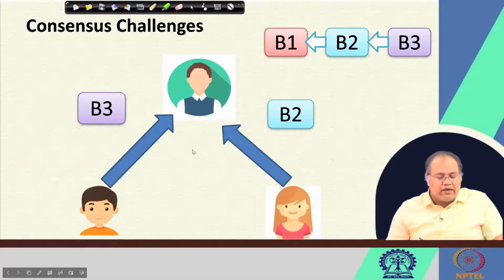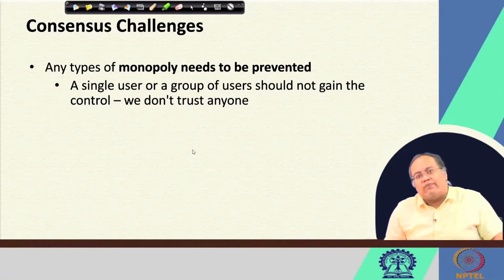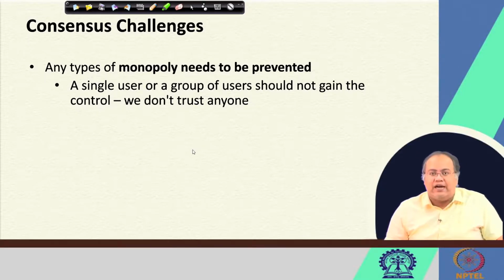These are the requirements or challenges that we have while talking about the consensus mechanism on the blockchain, and the final important challenge that I mentioned earlier as well is that any type of monopoly needs to be prevented. A single user or a group of users should not be able to gain control over the network. Remember that we are working in an environment where we do not trust anyone.